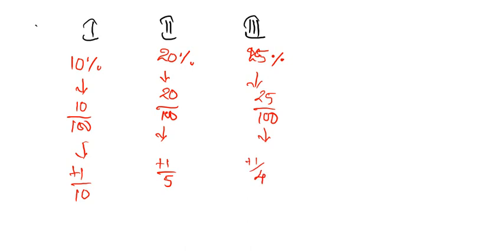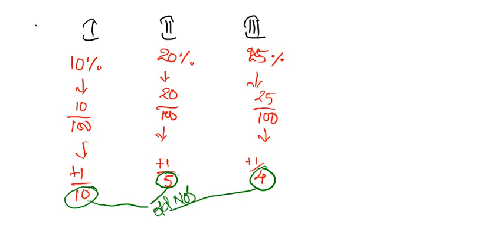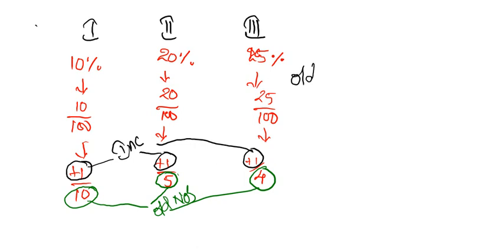If you observe here, the denominators all are old numbers. Then whatever numerators you are having, plus 1, plus 1, plus 1. These are incremented values. Means old out of present or current, how much is it increasing?